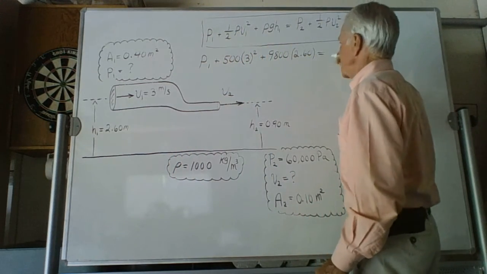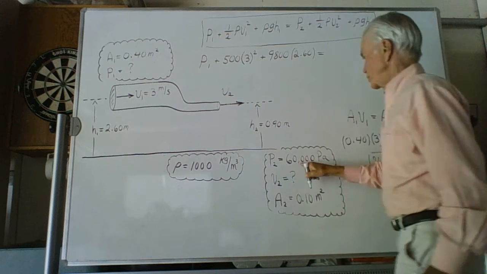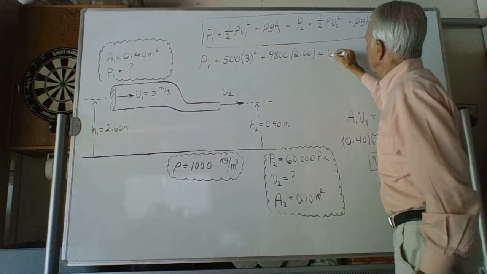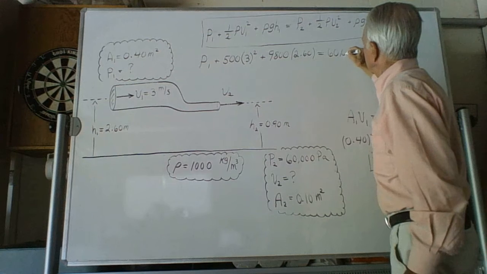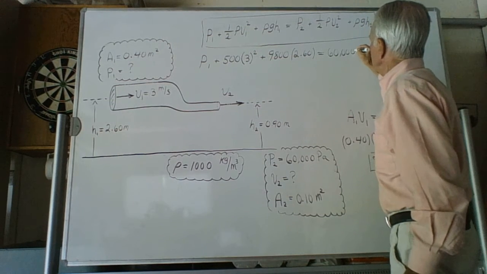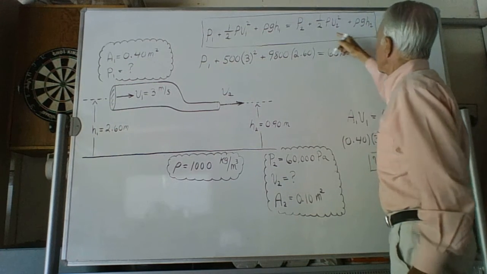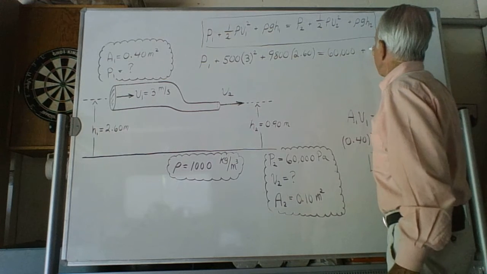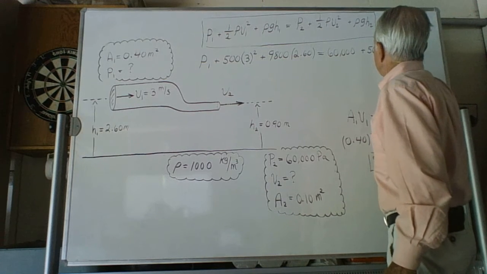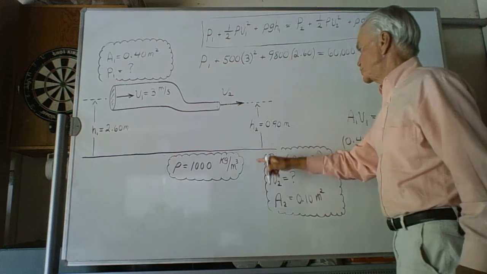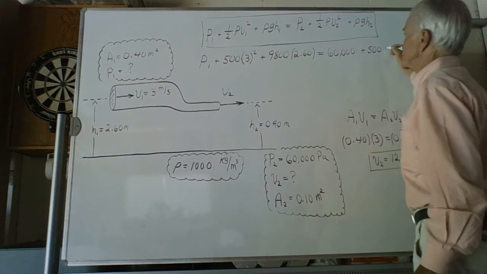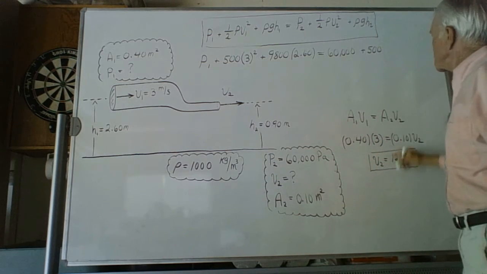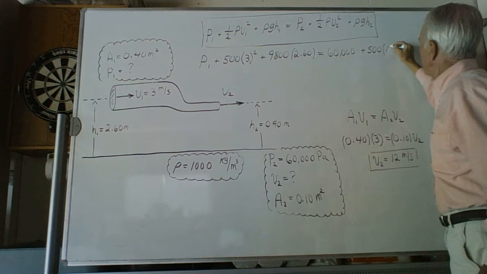That equals P2, which is 60,000. Drop the units. Plus 1/2 of 1,000 is 500 times V2, which has already been determined as 12.